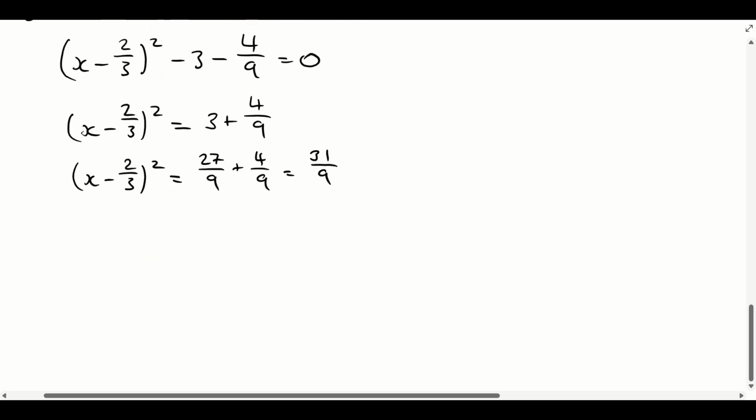So when I take the square root, I get my x minus 2/3 over this left-hand side, and over my right-hand side, I get the square root of 31 over 9, plus or minus. And well, I can just write this as the square root of 31 divided by the square root of 9, which is just the square root of 31 divided by 3.